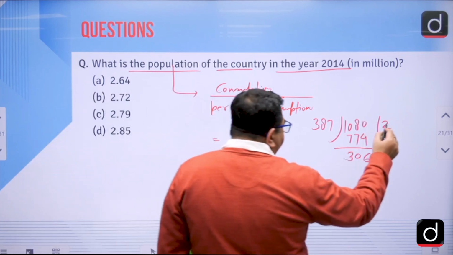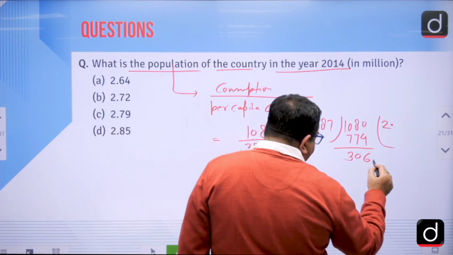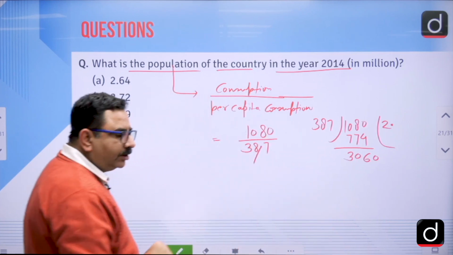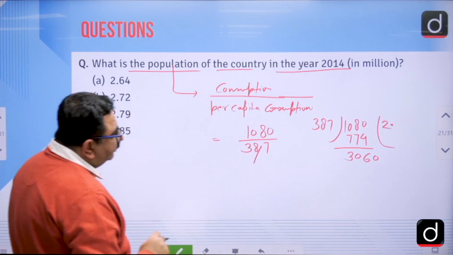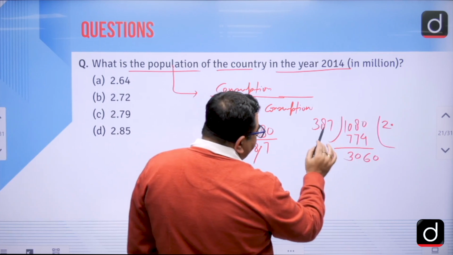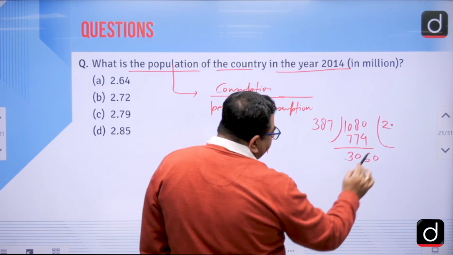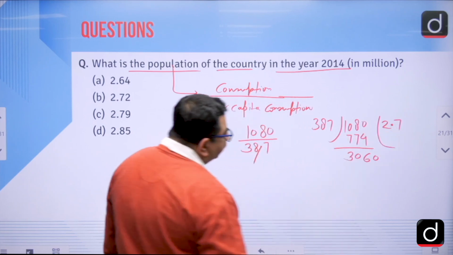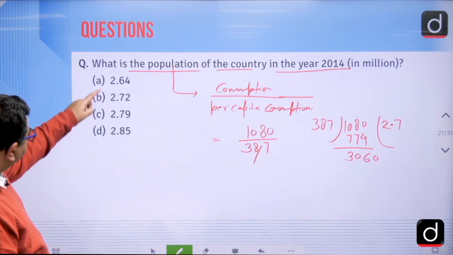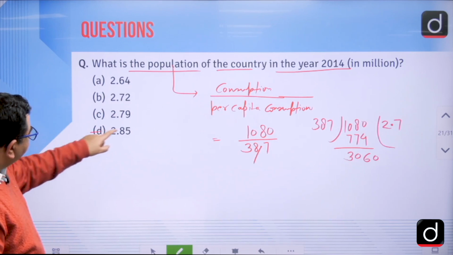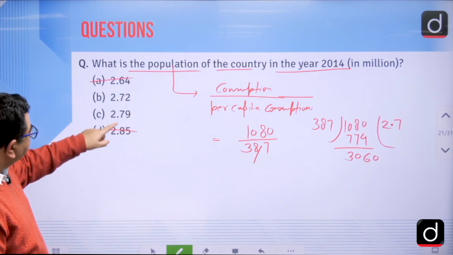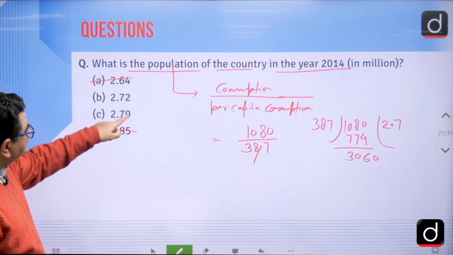So again I will put one decimal, I can add a 0 here. Now 3060, so can I say this is close to 400? With 400, 4 into 728, so 7 times it will go. So with 7, can I say these two cannot be the answers, but my answer is again 2.72 and 79.